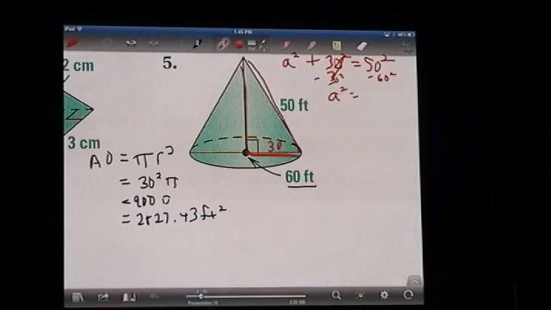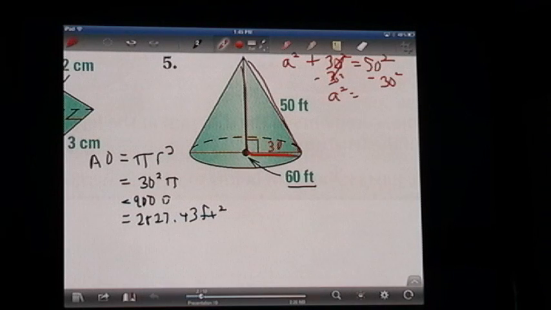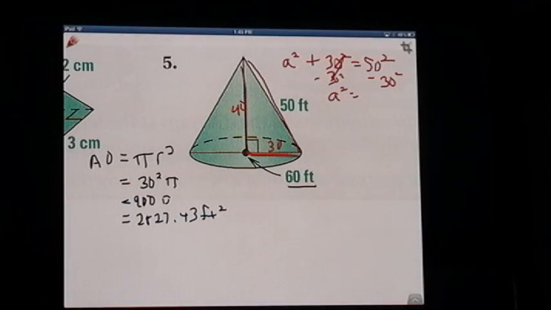Oh, gotta fix the last one. Minus 30 squared, but we already know what it's going to be because it's a 3, 4, 5. We already know that's going to be 40.